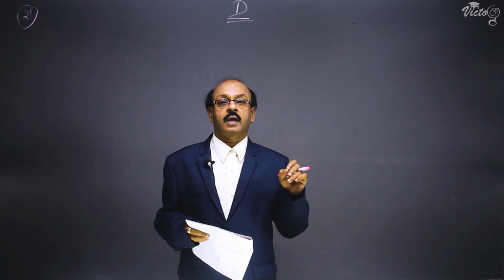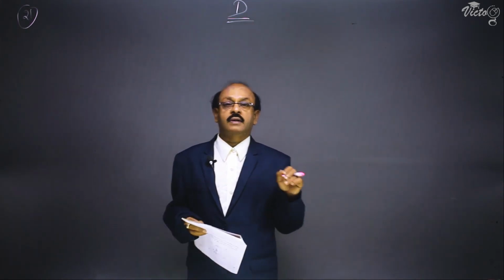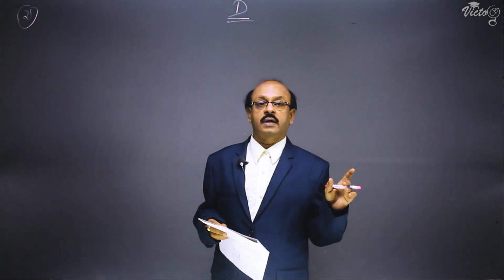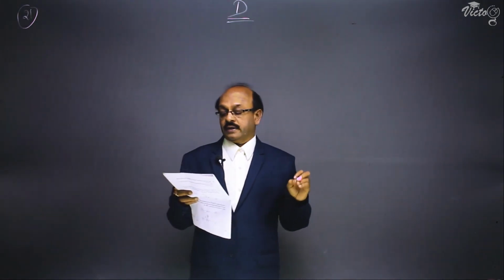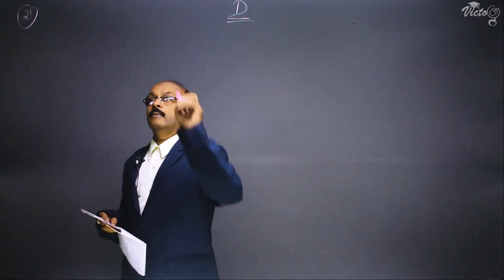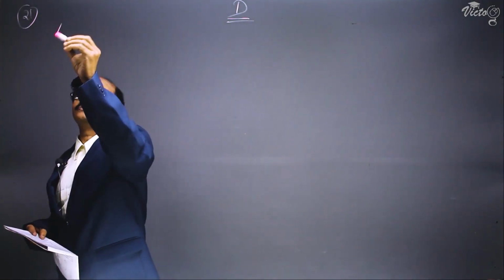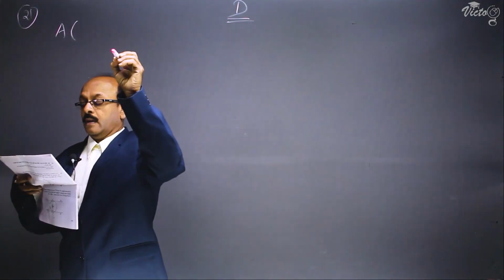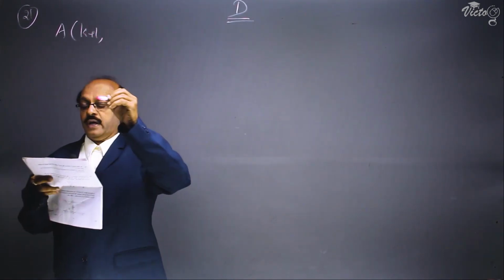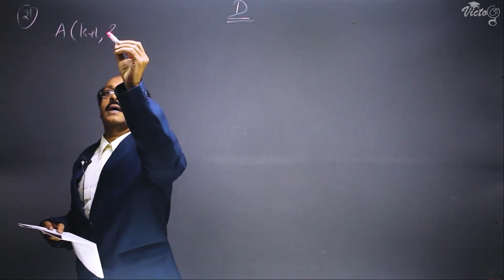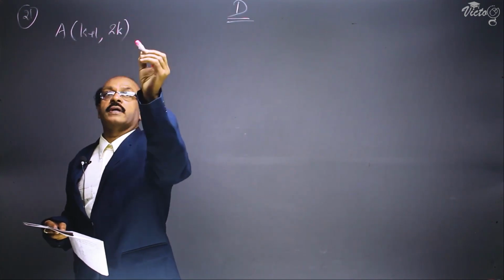We are given 3 points, and given that these 3 points are collinear, we have to find the value of k. So, let us write the points. A: k plus 1 is the x coordinate and 2k is the y coordinate.